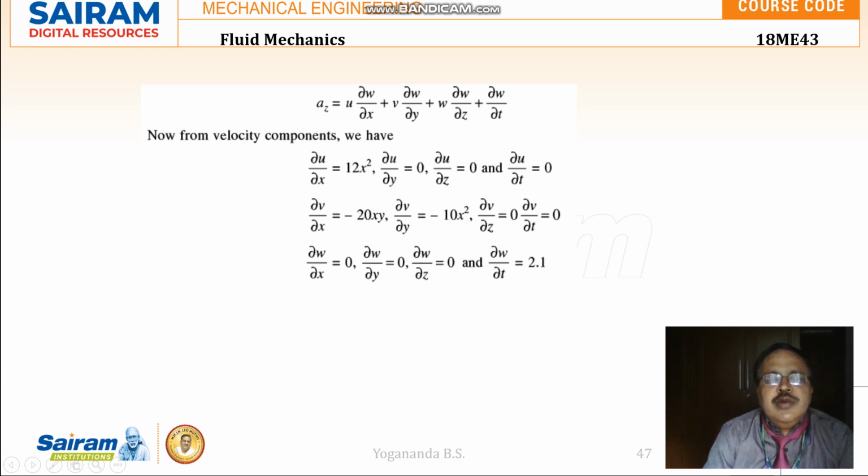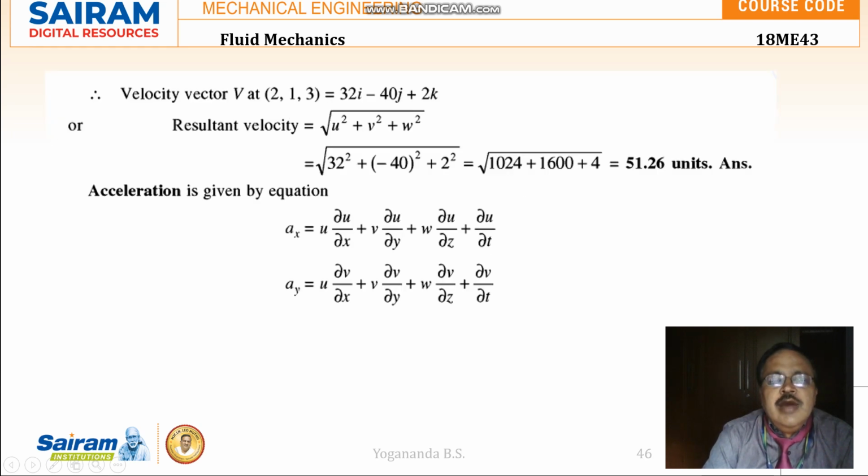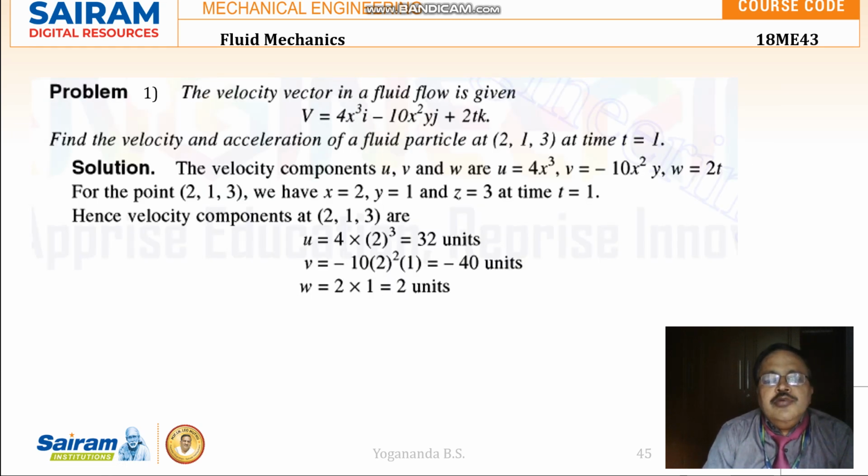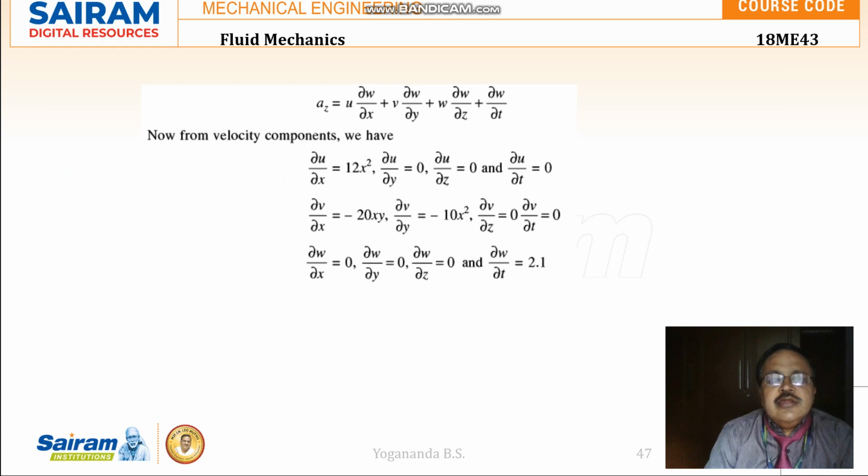So 4x cube is differentiated, it becomes 12x square. We don't have any y in the u equation, so if you differentiate u with respect to y, it is 0 now, and we don't have z also, so del u by del z is equal to 0. We don't have t in the equation, so del u by del t is also equal to 0.